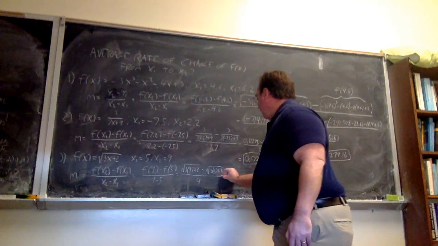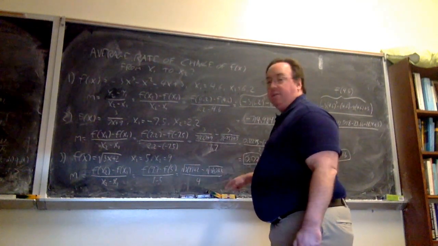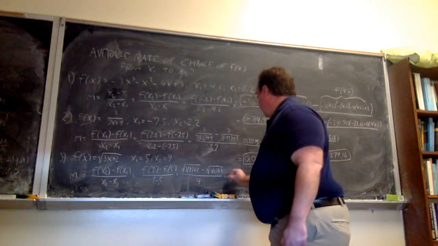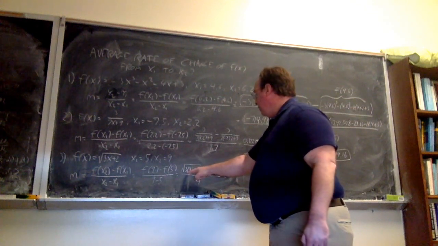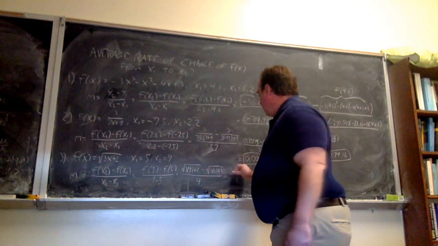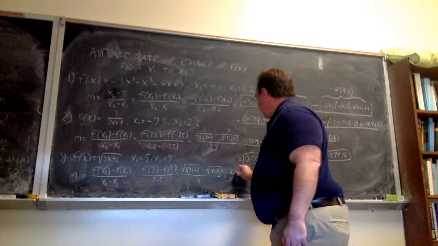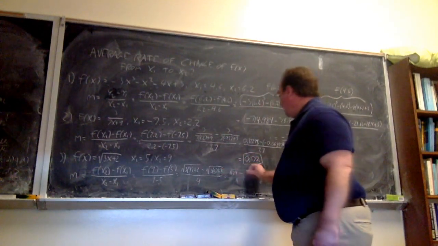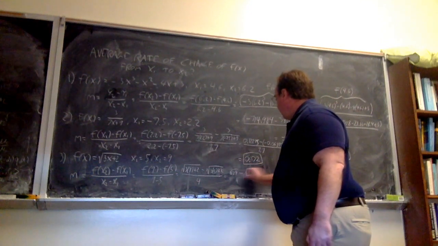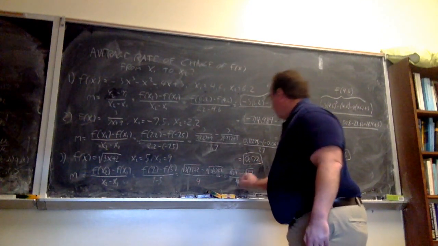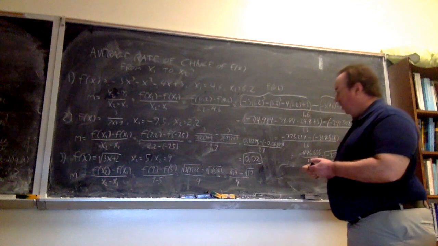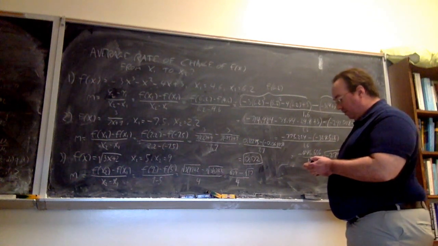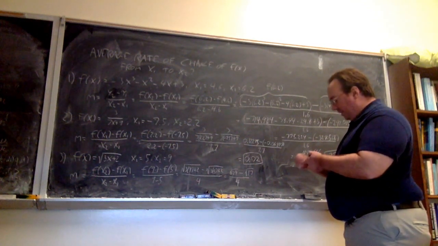So now if we work out the values under the radical signs, so we have 3 times 9 is 27, plus 2 is 29, so square root of 29. And then 3 times 5 is 15, plus 2 is 17, so square root of 17, all over 4. So at this point, we need to turn to our calculator to work out square root of 29 and square root of 17.